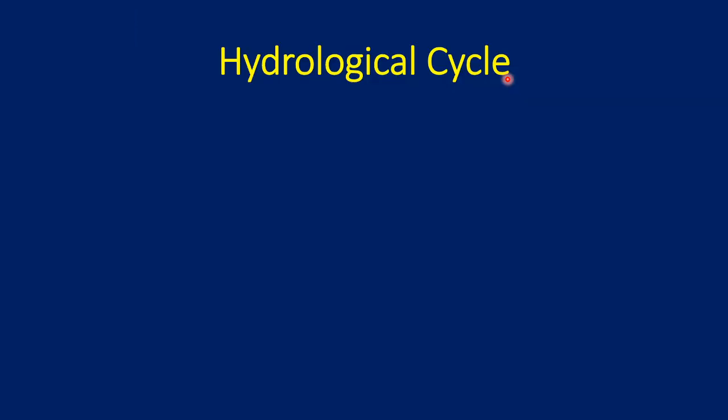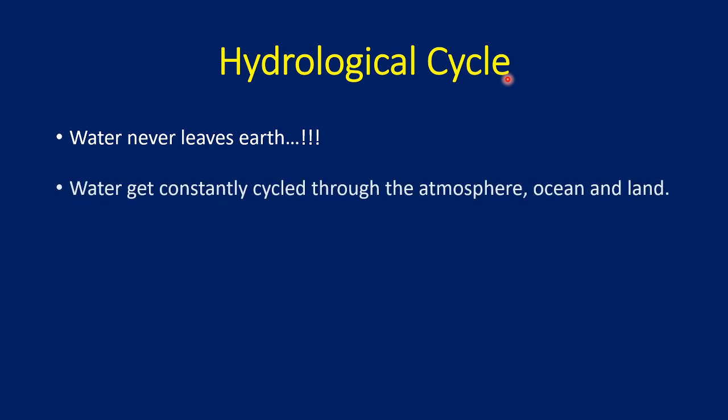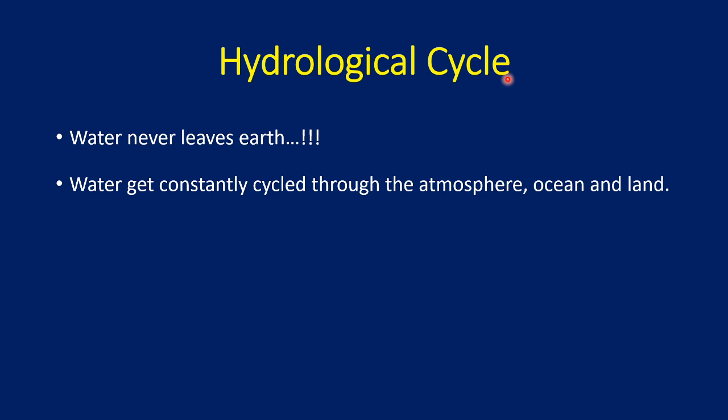Now, we talked about water and its significance in the hydrosphere. First and foremost, water never leaves the earth. It gets cycled into various different forms and comes back to earth. Water is constantly cycled through the atmosphere, ocean and land.